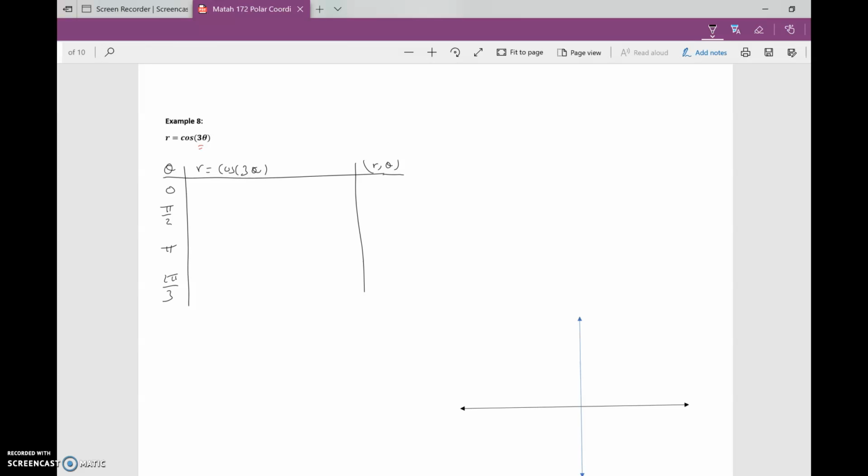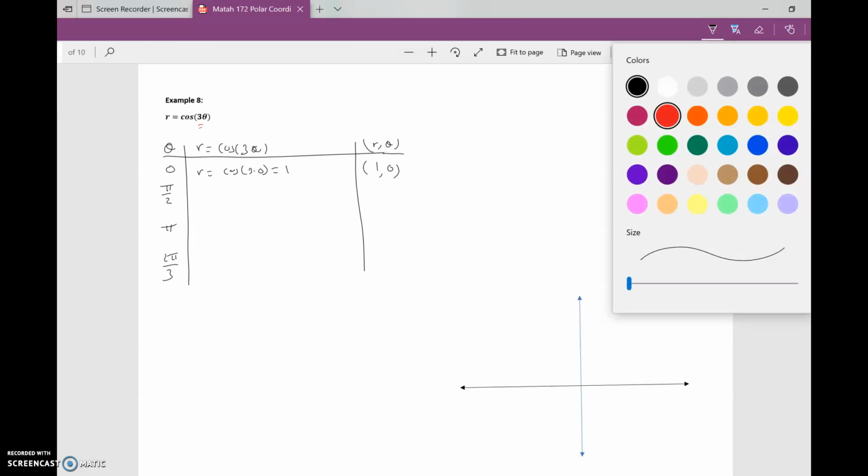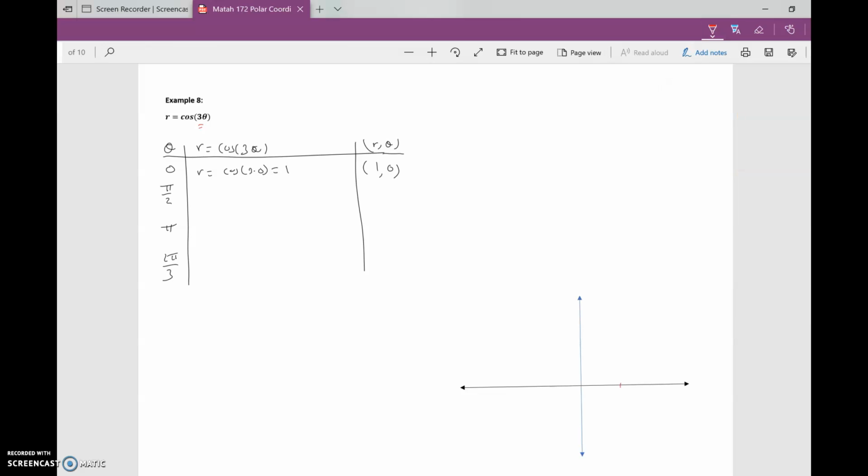So the first one, when we evaluate 0, this one will be r is equal to cosine of 3 times 0. And this is going to give us just 1. So we're looking at radius of 1, angle of 0. So if this were to be 1, that would be our first coordinate point.